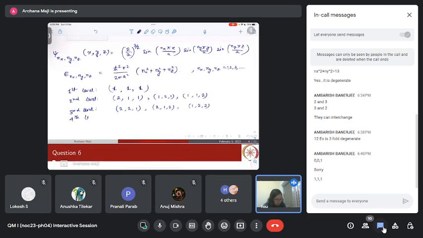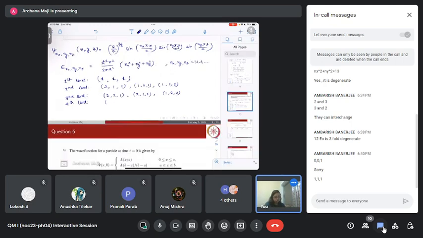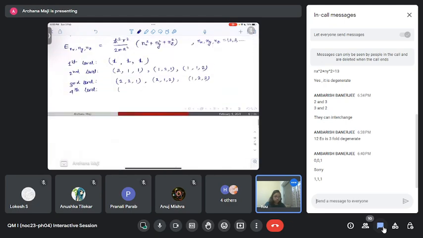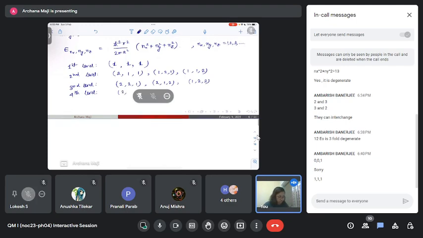What about the fourth level? Can someone tell me what will be the nx, ny and nz for the fourth level? Should it be 2 2 and 2 or what? So suppose you consider 2 2 and 2.